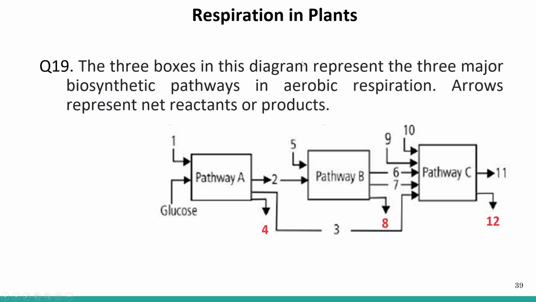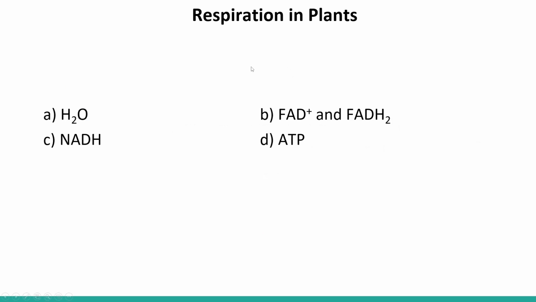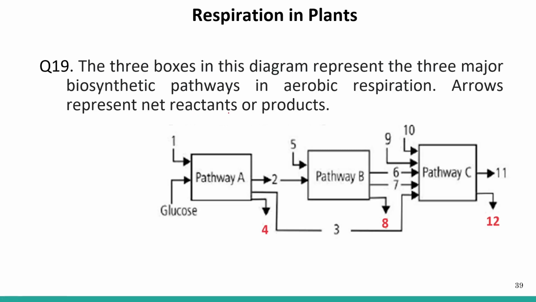The next question, here they have given you this figure. They are saying that the 3 boxes in this diagram represent 3 major biosynthetic pathways in anaerobic respiration, and the arrows represent the net reactants and the products.